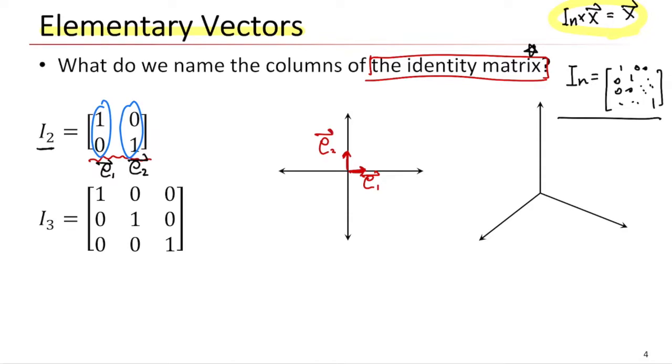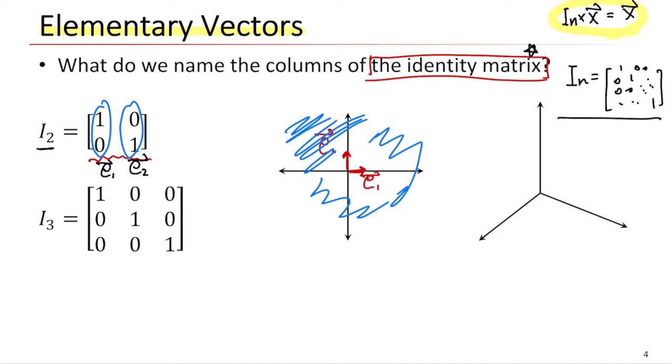Why do we need the elementary vectors E1 and E2? We can represent every point in the 2D space by using E1 and E2. This is a very important property of the elementary vectors.